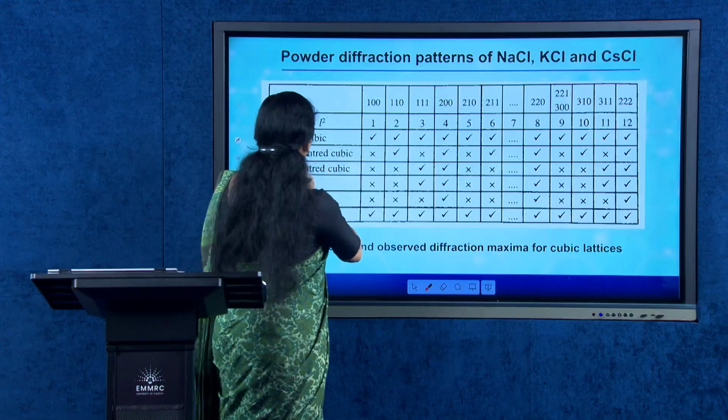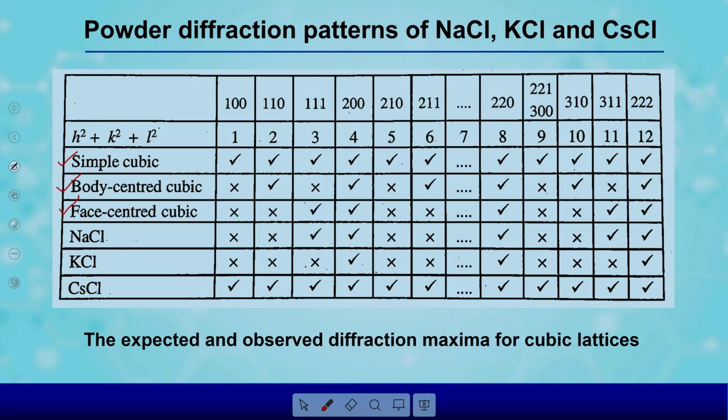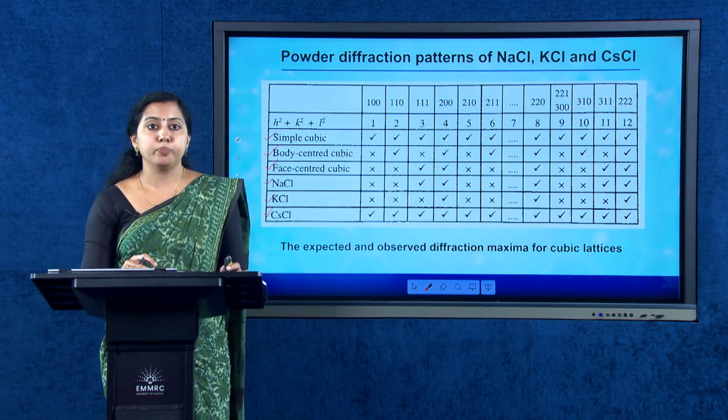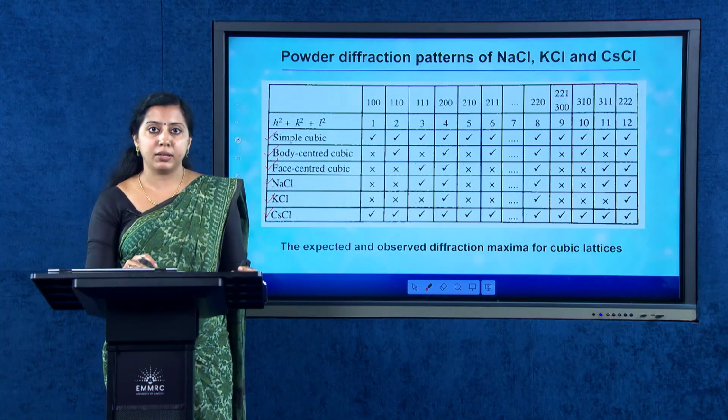For the simple cubic, body centered and face centered, the expected diffraction maxima are given, and below that we have the observed diffraction pattern for NaCl, KCl and CsCl. Okay. So, let us compare NaCl, KCl and CsCl with these three types of lattices.